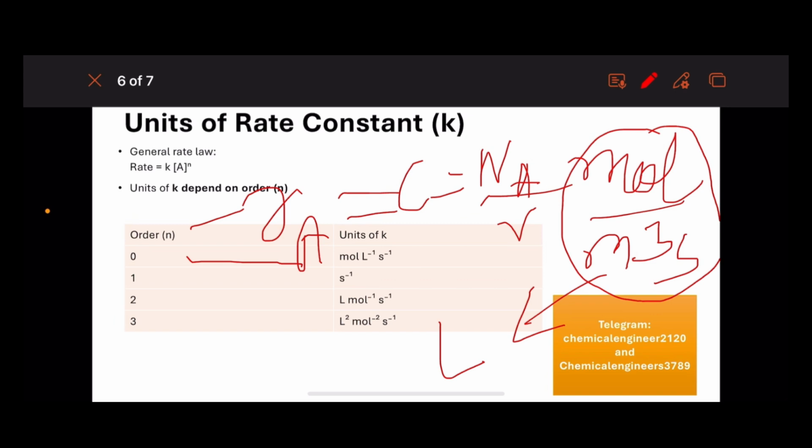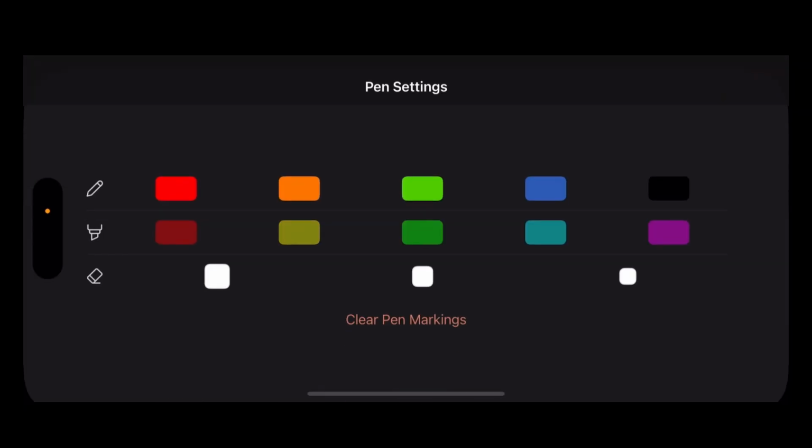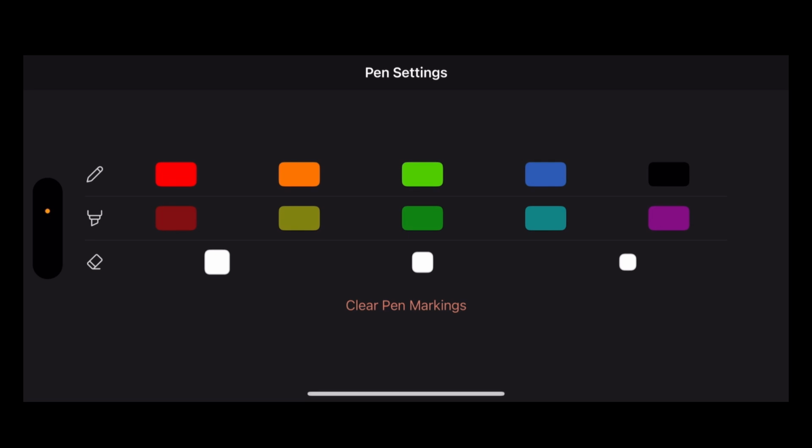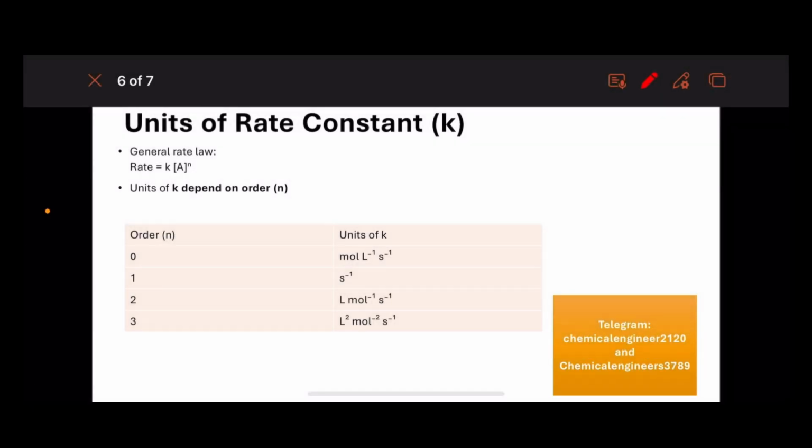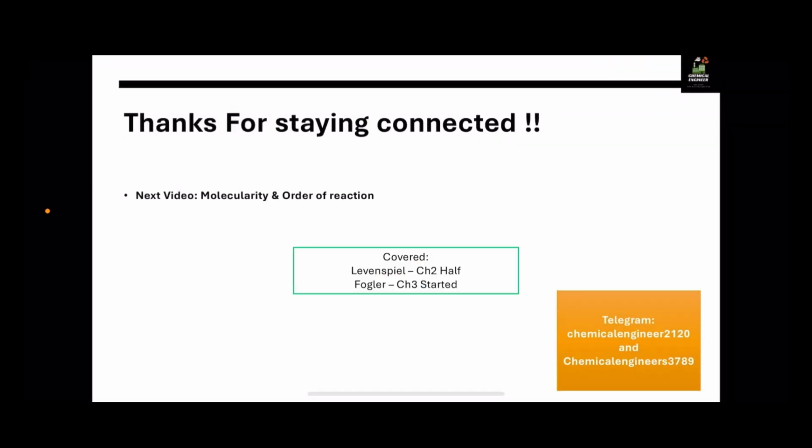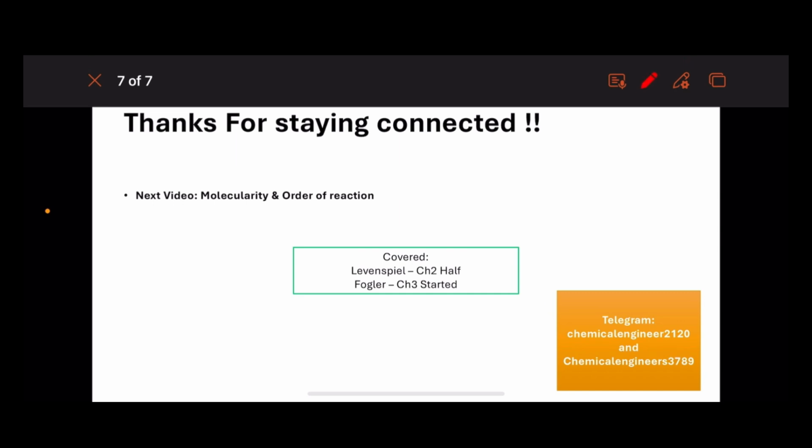For the first order reaction, CA to the power 1. Okay. Then in the CA, this is concentration. If you put the value of concentration here, then let me do it in the next slide.